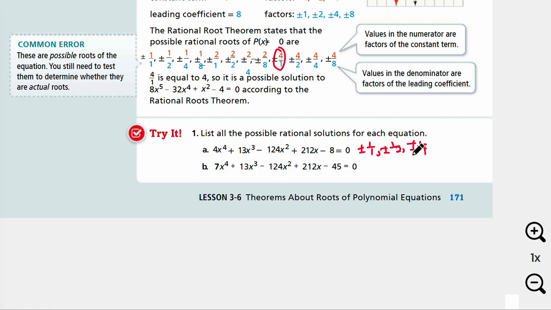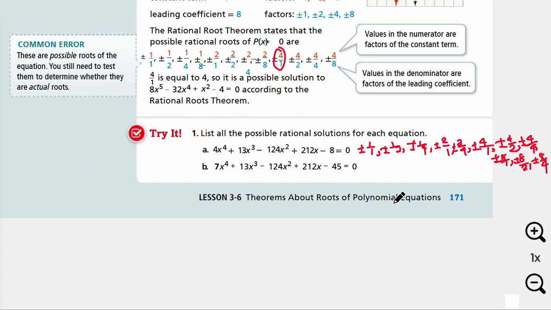And then move on to the next factor of 8, plus or minus 2 over 1, and then plus or minus 2 over 4, and then plus or minus 4 over 1, plus or minus 4 over 2, plus or minus 4 over 4, and then plus or minus 8 over 1, plus or minus 8 over 2, and plus or minus 8 over 4. Okay, good. And I think that's all.